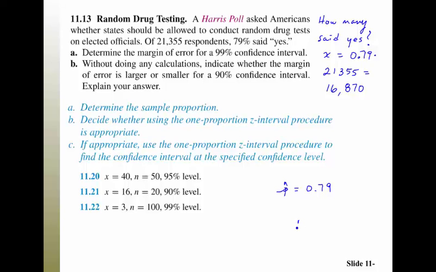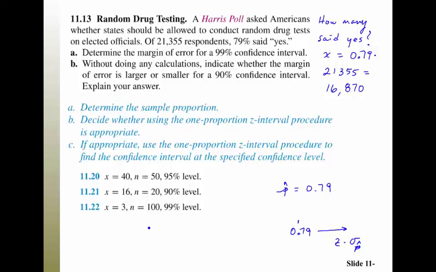So this is the best we know. The center is going to be 0.79, and then we're going to go up by z, whatever our z is, times the standard deviation. That standard deviation is what I was writing out before.